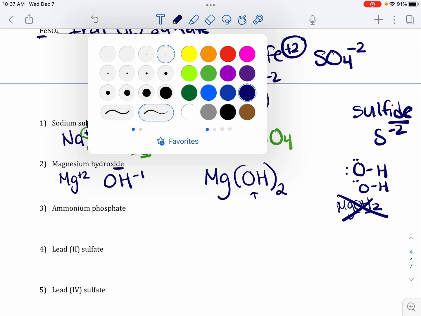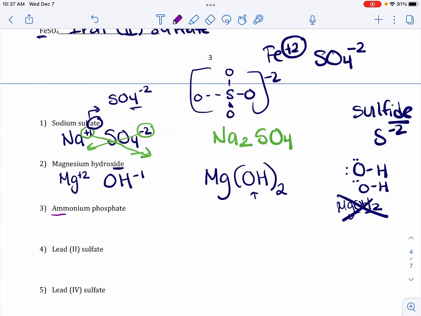All right, the next one we have is ammonium phosphate. So ammonium is not an element. It's actually a polyatomic. It's one of our few metal polyatomics. We know it's a metal because if you look on your list, it's NH4 plus 1. Again, it is on your list.